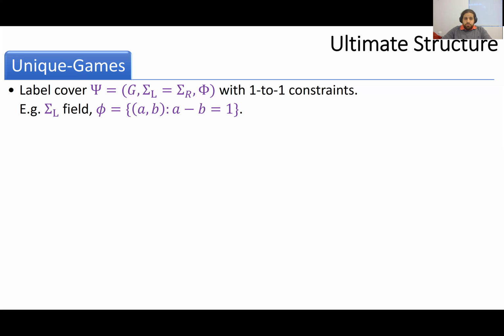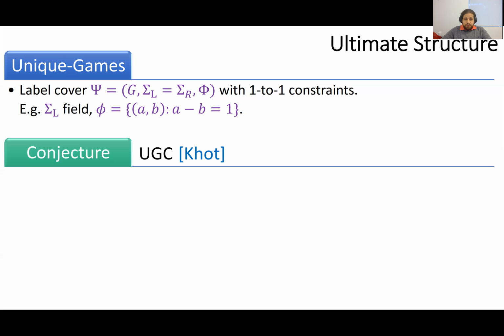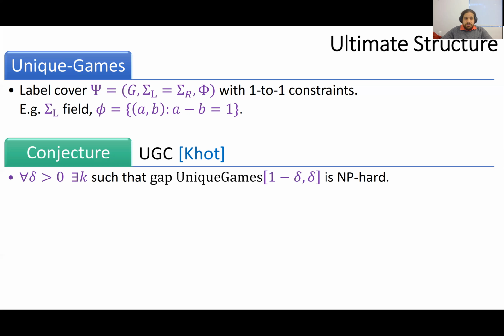We don't know whether these problems are hard, but we believe that they are, or more precisely, Khot conjectured that they are hard. This is the so-called unique games conjecture. It states that for all delta greater than 0, for a sufficiently large alphabet, if I give you a unique games instance, it's NP-hard for you to tell me whether it's almost fully satisfiable or at most delta satisfiable.